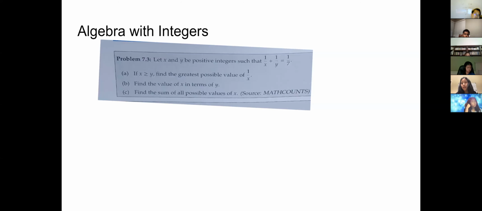All right, this problem, the real problem is just part C, okay? There's no step A and B, and A and B were added to give you some hints. The real problem is what's the sum of all possible values of X if X and Y are positive integers with this.